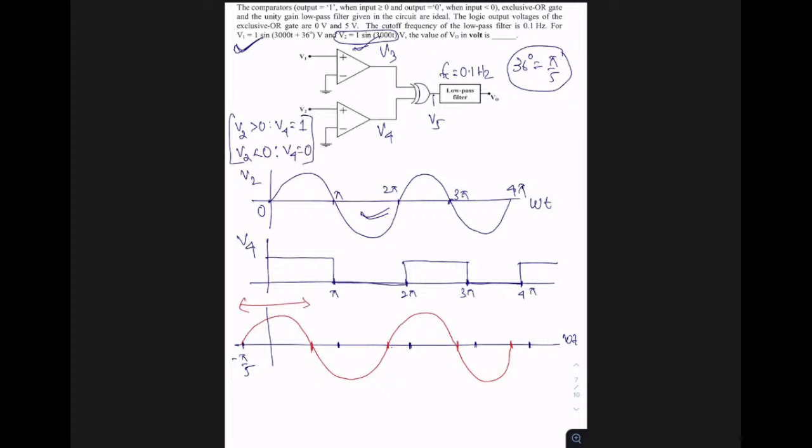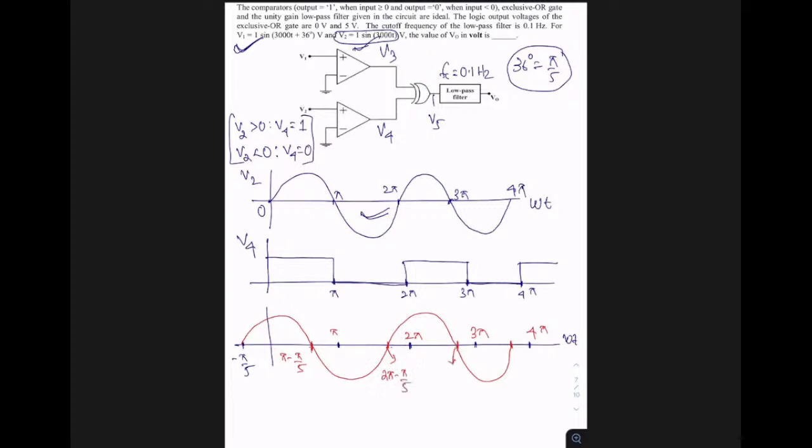So how much this will be then? What is the coordinate of this? So this is anyway, we know this is pi, this is 2 pi, this is your 3 pi, and this is your 4 pi. So this point, if I ask you, this is your pi minus pi by 5. Similarly, this point is your 2 pi minus pi by 5.